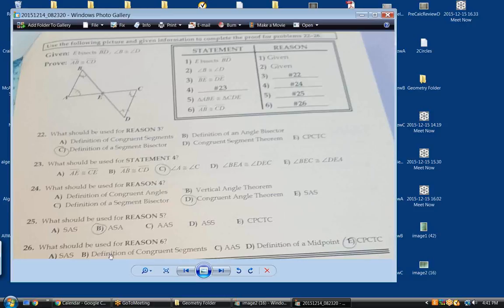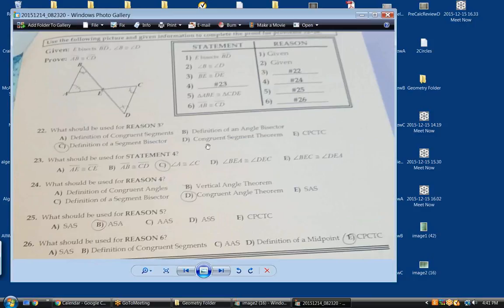And what's the reason? From 25. Angle, side, angle. Correct. Just always go in the straightest possible line you can. It's angle, side, angle. And finally, AB is congruent to CD.